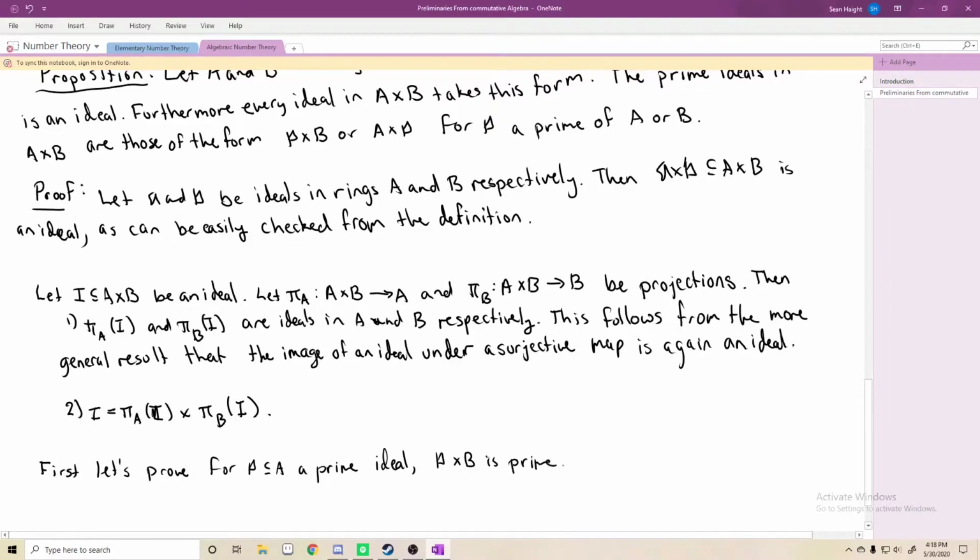Note that by symmetry, A × P will also be prime when P is a prime ideal in B.